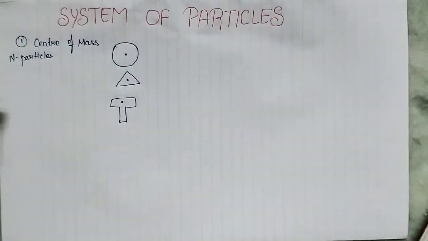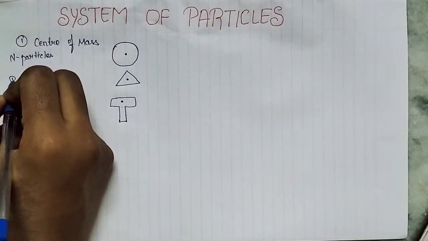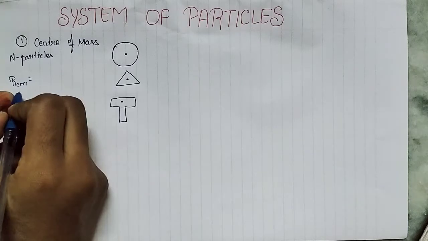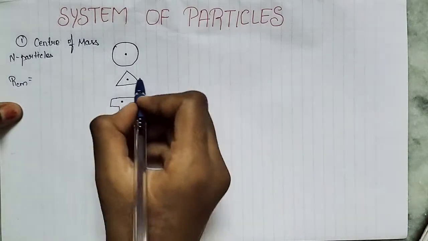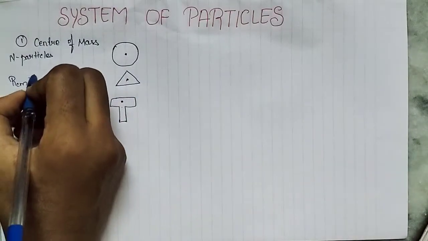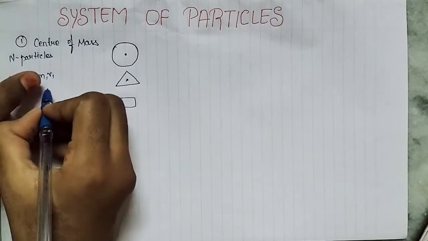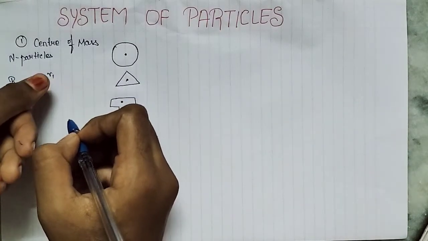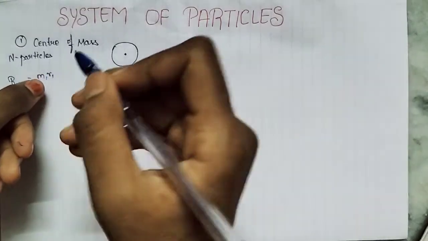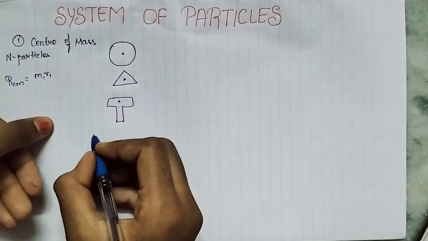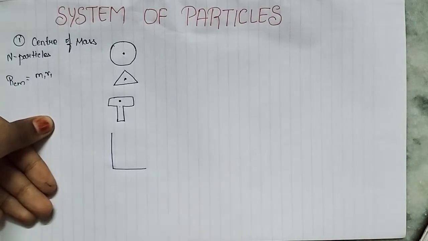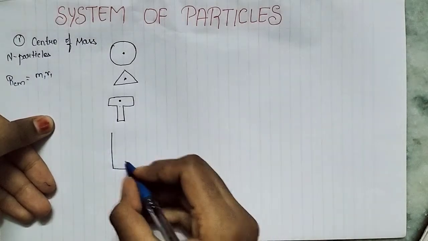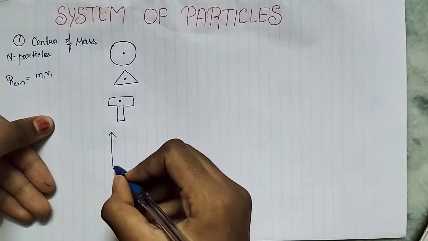how will you write the formula for RCM? This is the position of the center of mass. This is m1 r1, the first particle's mass, and the first particle's distance from the origin. If this is the y coordinate and the x coordinate, it goes like this.